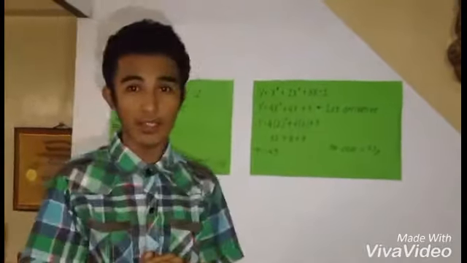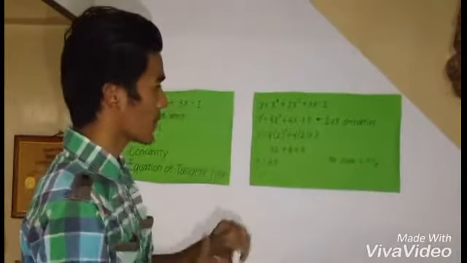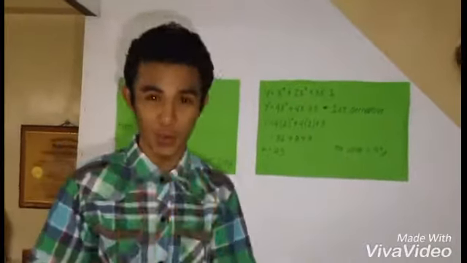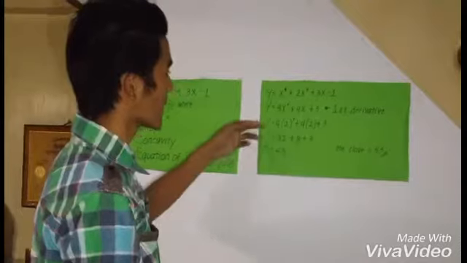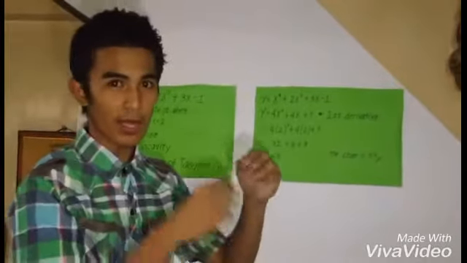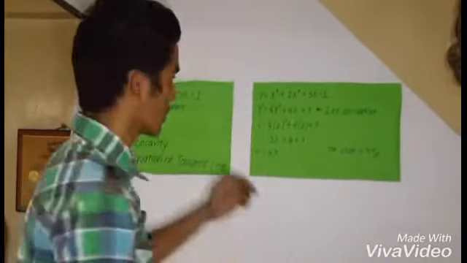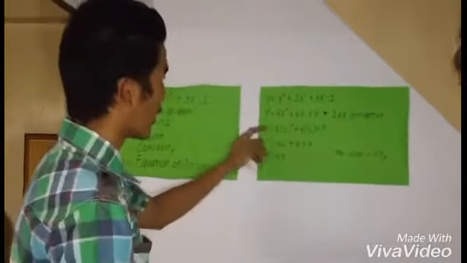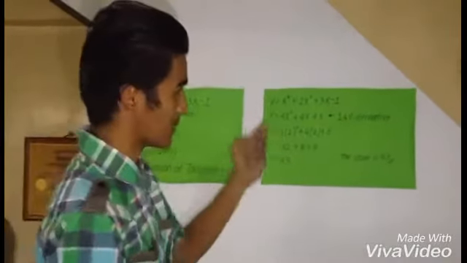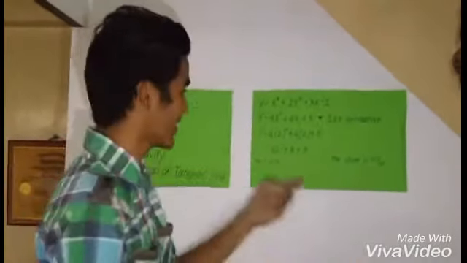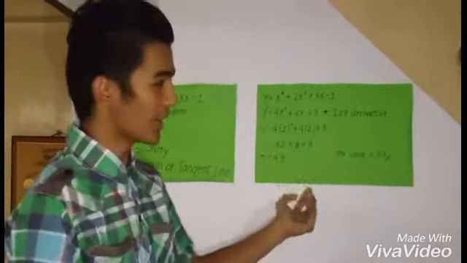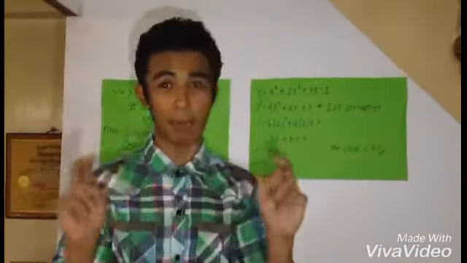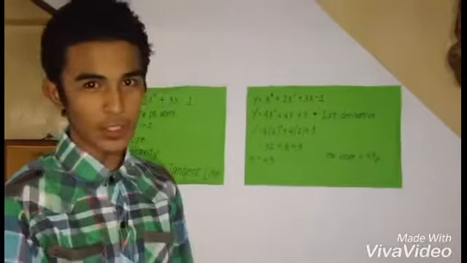We have to substitute 2 for the variable x in order to get the exact value of the slope for that equation. So 4 times 2 raised to 3 plus 4 times 2 plus 3 is equal to 43. And the slope can be stated as m. So m is equal to 43, therefore the slope is 43.